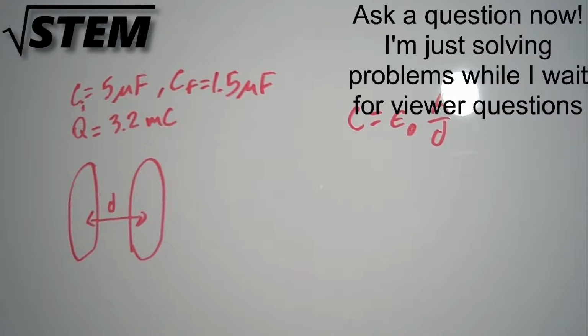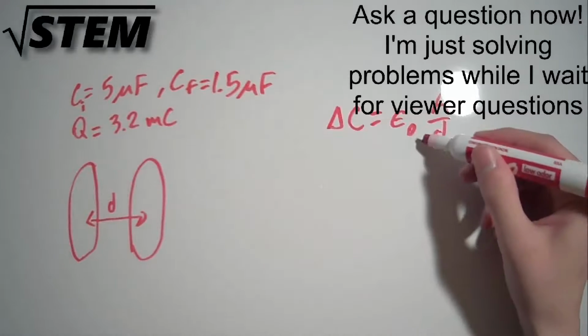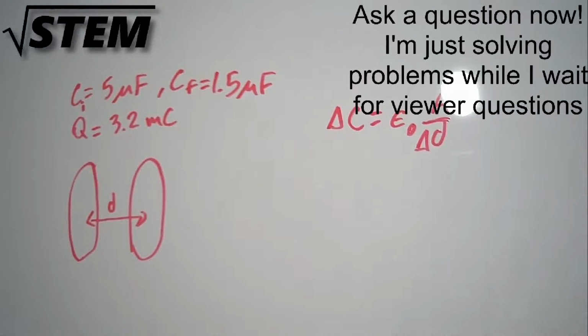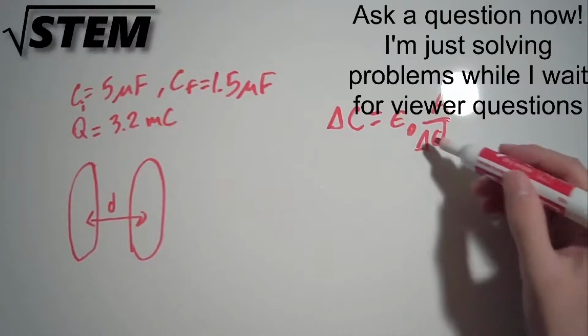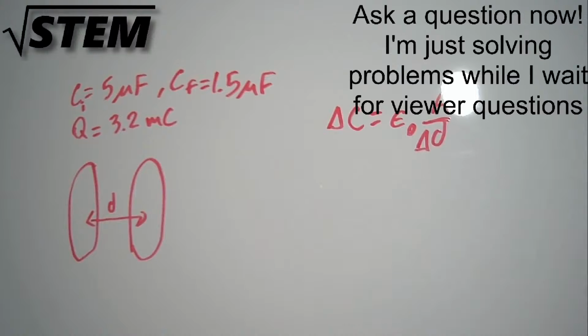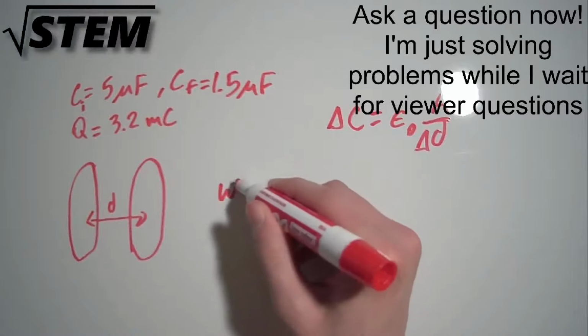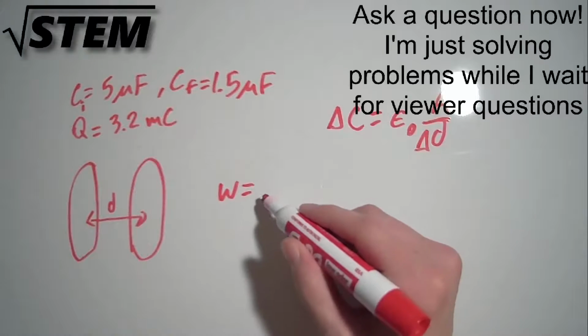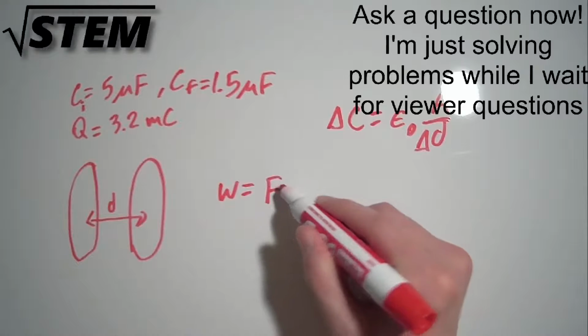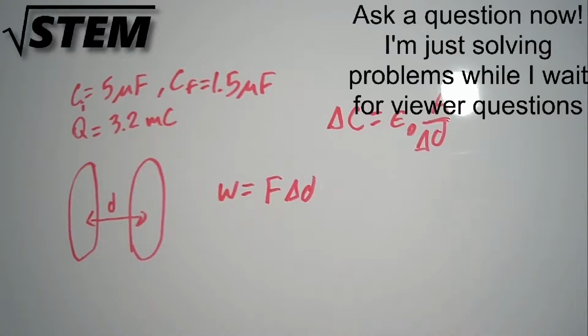And if we have a change in this, then it would be based on a change in D. And that force is going to be applied over this change in distance. So the work will be equal to the force times the change in D.